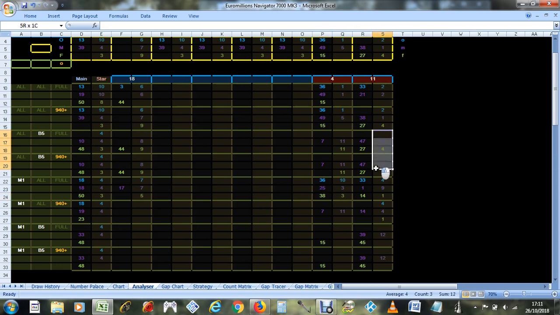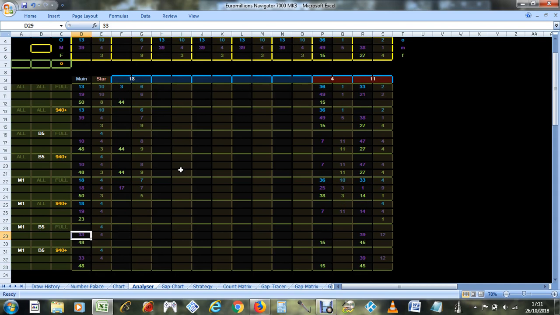I noticed that 11 strongly points to star number 4 in the same way that 4 points to 11. And it turns out 33 is most overdue with number 11 when we look at machine 1. And if I notice down there, I've got number 33 most overdue for its frequency when we look at machine 1 and set balls 5.